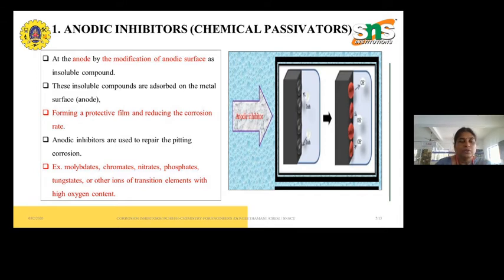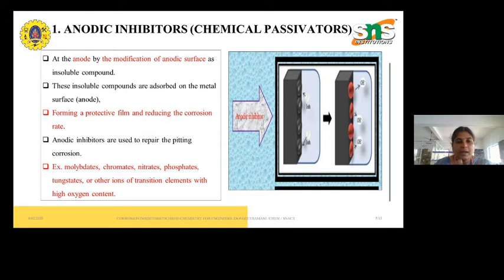These are used to prevent the corrosion reaction occurring at the anode by forming an insoluble compound with the newly formed metal ion. These insoluble compounds are adsorbed on the metal surface, that is on the anode, forming a protective film and reducing the corrosion rate. The anodic inhibitor is used to repel pitting corrosion. Pitting corrosion is generally like a hole, like a cavity. Imagine the same example as a cavity.